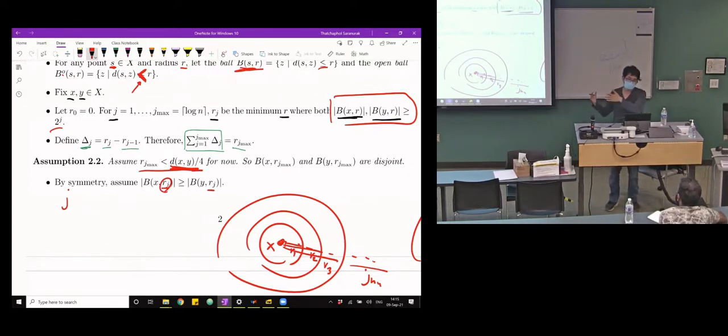I don't understand why you can assume there's a ball of size exactly 2 to the j. Okay, so let's say we perturb everything slightly, but yeah, that is true. Let's say that the ball around y is of size at most the ball around x. Yeah, that can be assumed for sure, right?